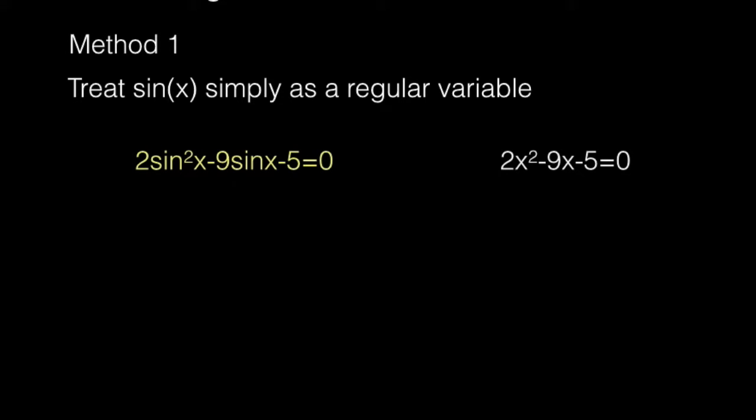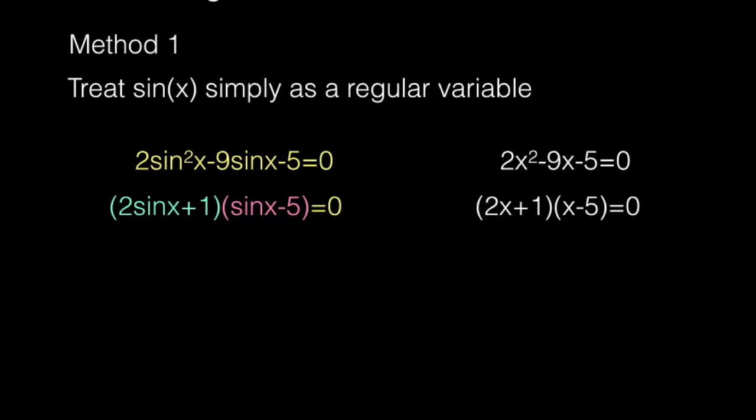Now, when you were doing 2x squared minus 9x minus 5, you dealt just with the x. We take a similar approach when we do trig equations, but we just treat sine x as if it was an x. So in this case, we would factor it out to 2 sine x plus 1 times sine x minus 5, just like we did 2x squared minus 9x minus 5 and factored it to 2x plus 1 times x minus 5.